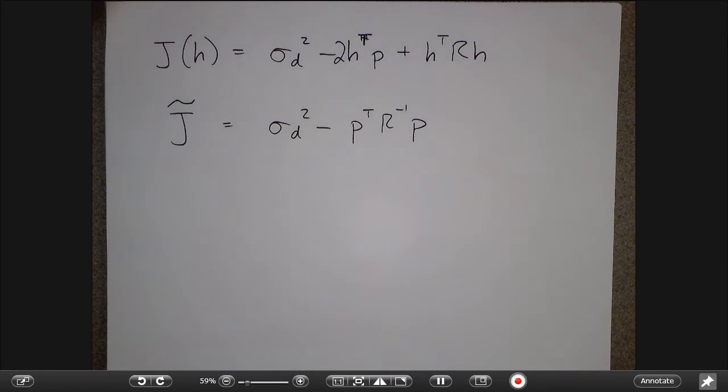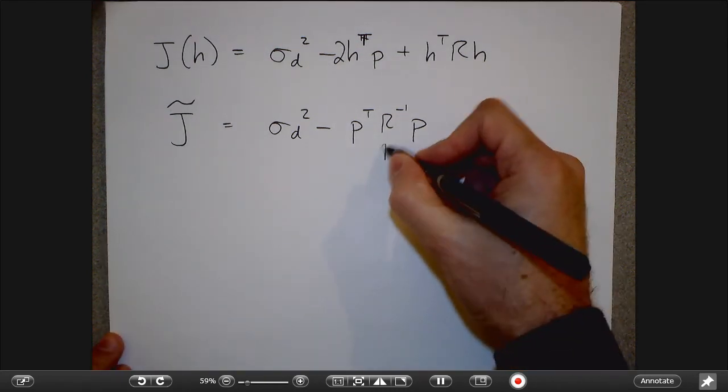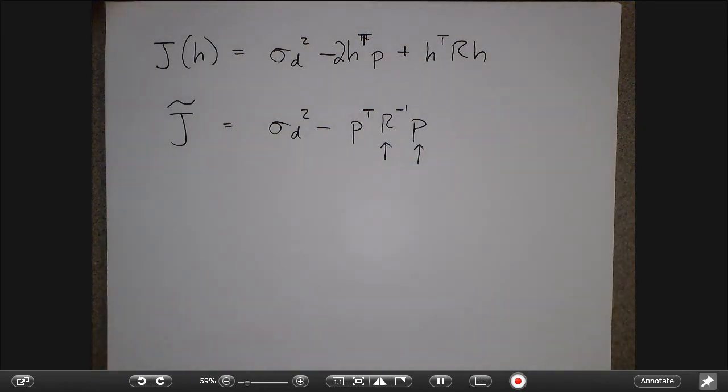Let me say a few words today about how this process might actually work in practice. In practice, we don't exactly know the autocorrelation matrix or this P vector, because they come from stochastic, somewhat unknown random signals.